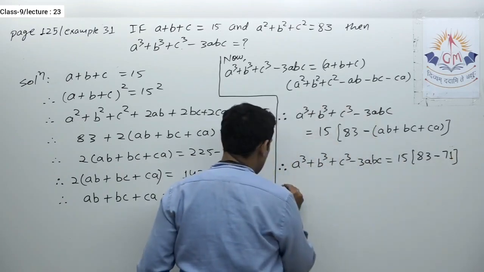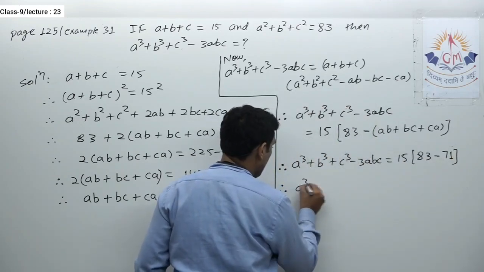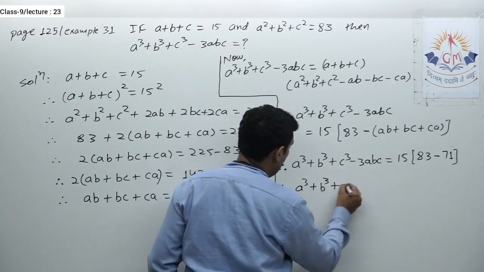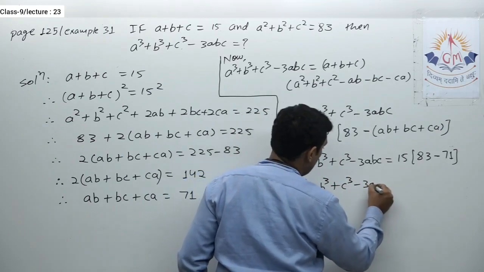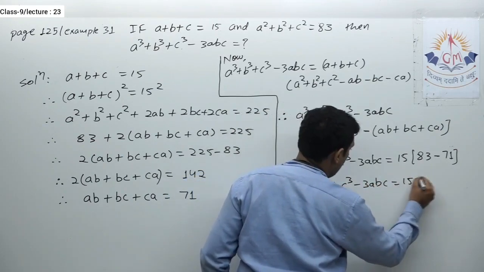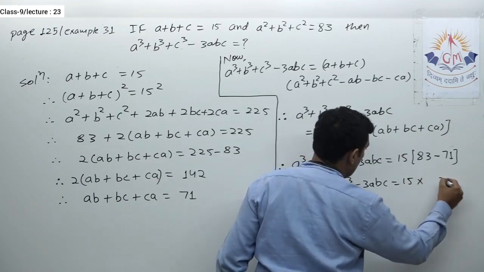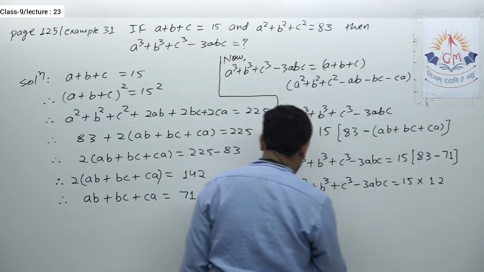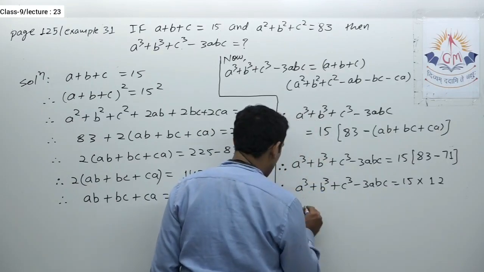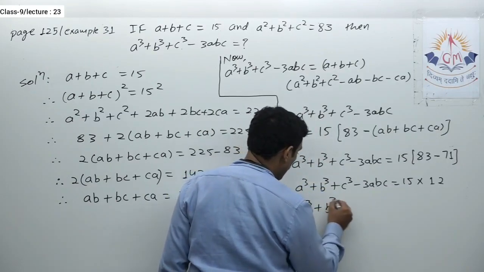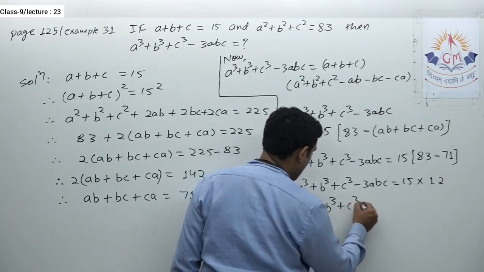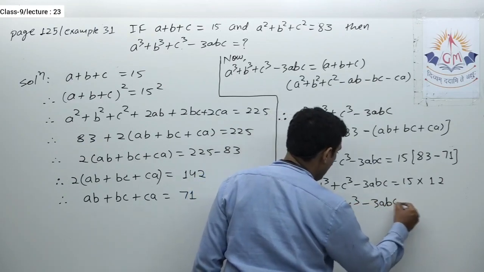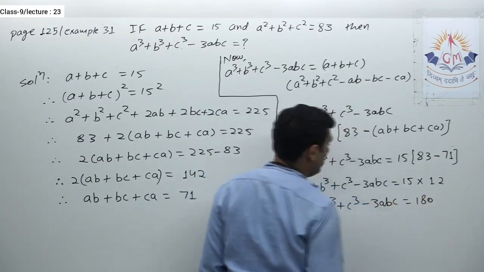So here I will get my final answer: 15 multiplied by 12. So ultimately my answer is a cube plus b cube plus c cube minus 3abc is equal to 180.